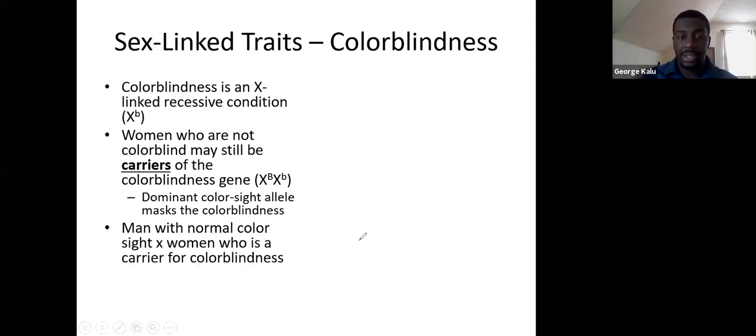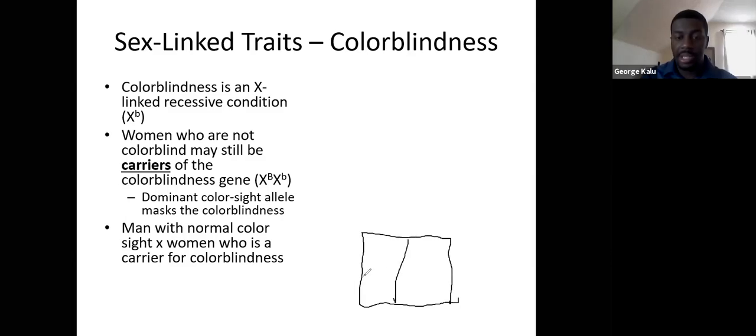Let's go ahead and do this last example. If we cross a male who has normal color sight, what should his genotype be?